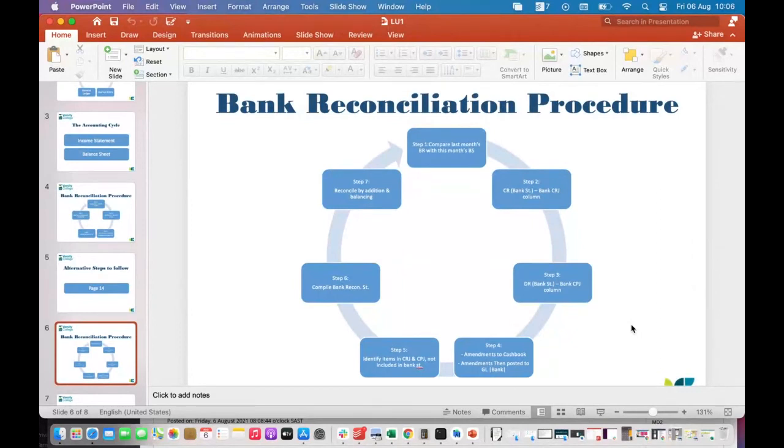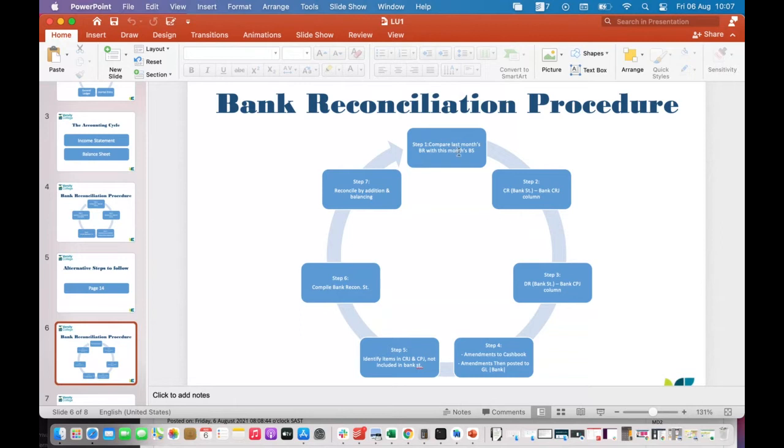That's what the bank reconciliation process is all about. It's about ensuring that we have the same balance on our bank statement as we have in our bank T account in our books. Having said that, let's get into these steps.